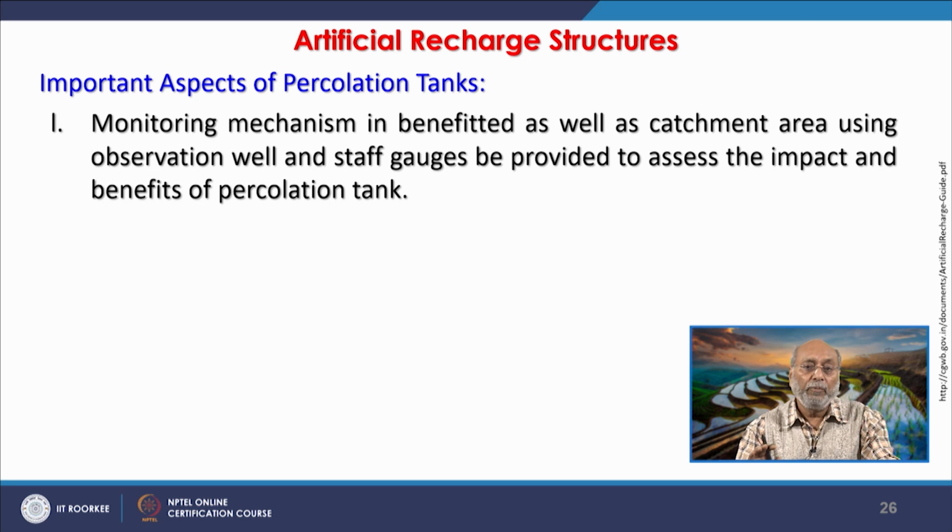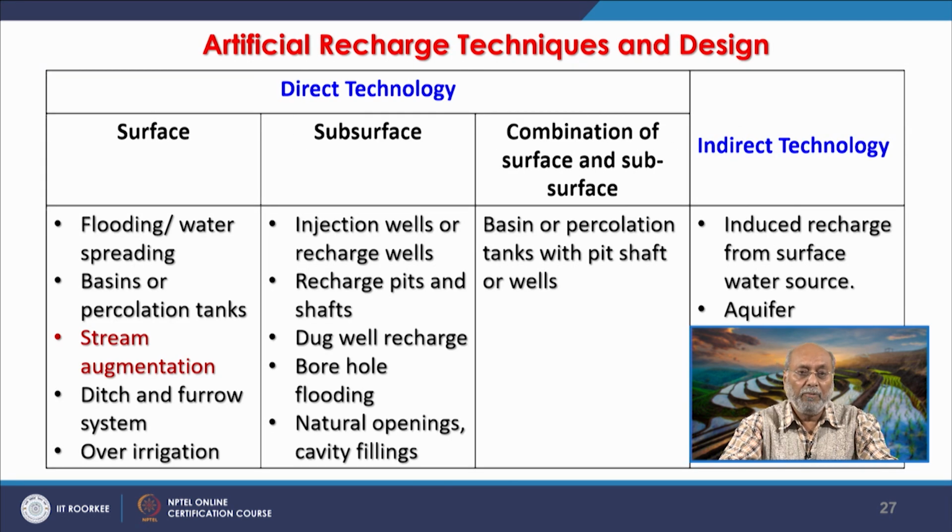This is very, very important. If any such structure for artificial recharge has been constructed, then decision makers would also like to know, before they approve other recharge structures in nearby places, what benefits the earlier percolation tank has provided, and that can come only through monitoring.